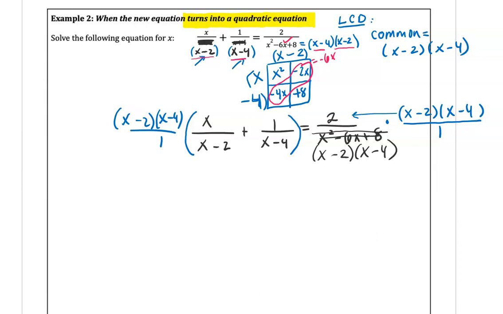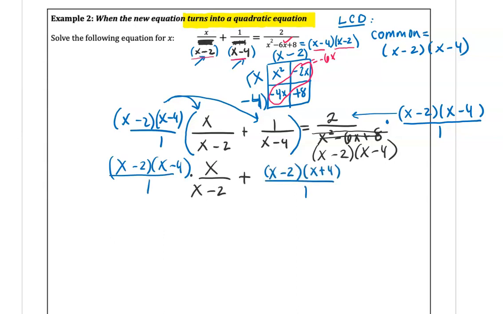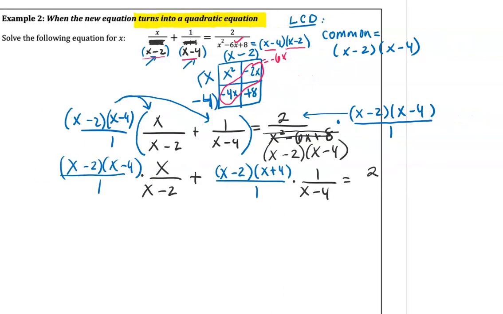Okay, so then on the left side of this equation, I would need to distribute this LCD to both terms so that I would end up with this. Okay, so now I notice that in the first fraction, I can divide out an x minus 2, and I would be left with x minus 4 times x.